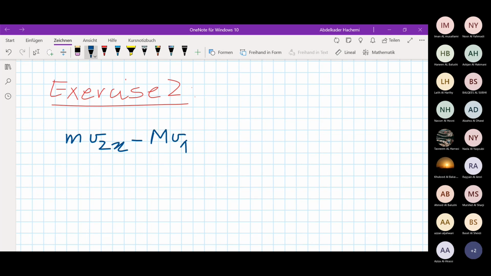Okay, this is here after the shooting out, and this will give minus 0, equal to 0. Now, if we look to this expression, we will get V1. It's only the mass of the ball divided by the mass of the apparatus multiplied by V2x.